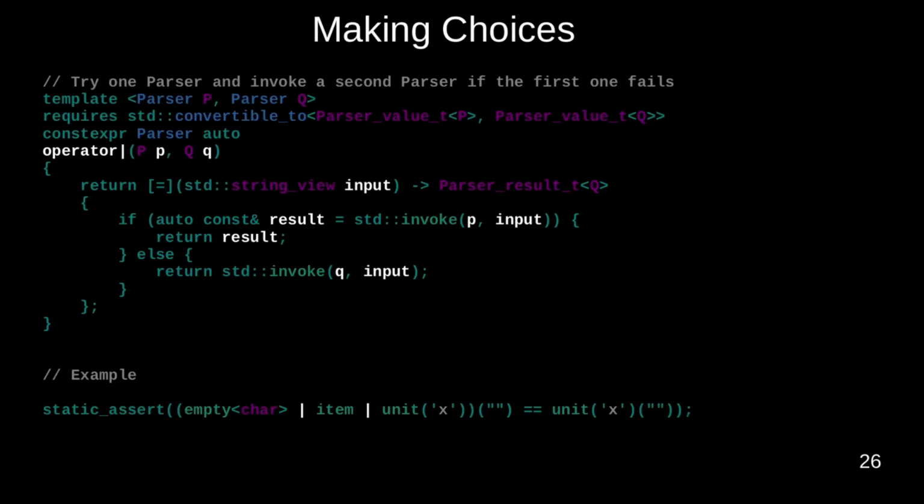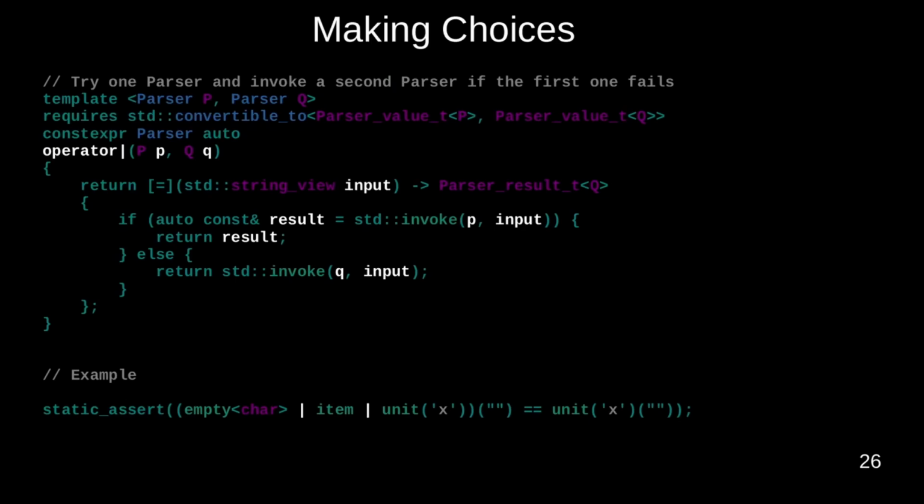Also note that since we're returning a lambda, we cannot say what the return type of this function is, because the types of lambdas are only accessible to the compiler. We don't have a name for them. So the return type of functions like this in C++ has to be auto.